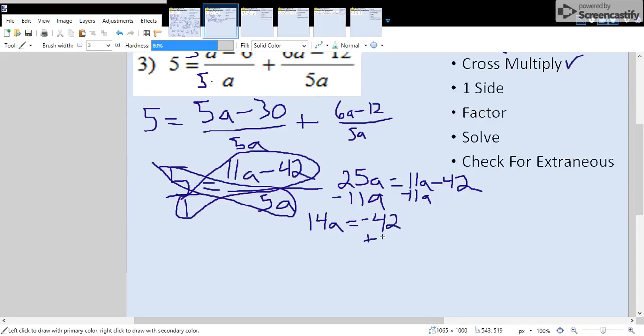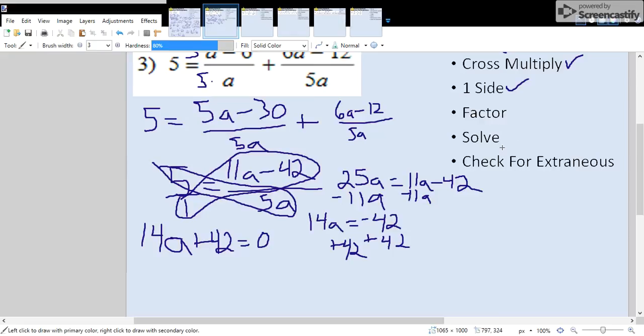Well, let's add 42 to both sides now. We can't add a's and constants together, so we just write it out like this. 14a plus 42 equals 0. So we're done with that step.